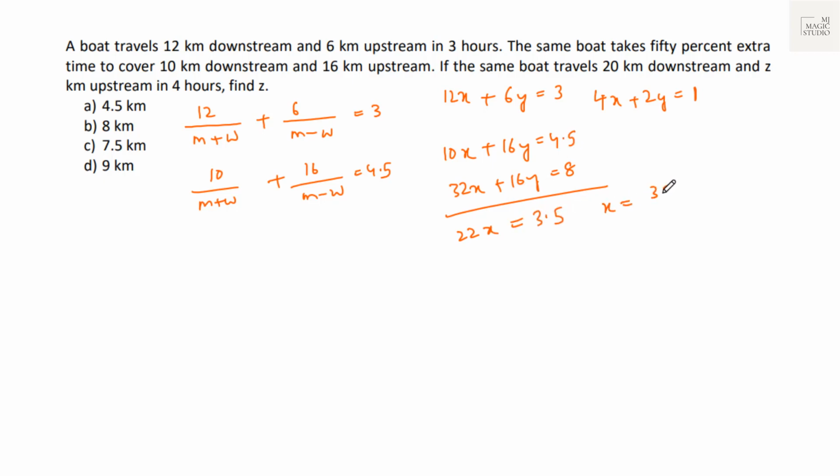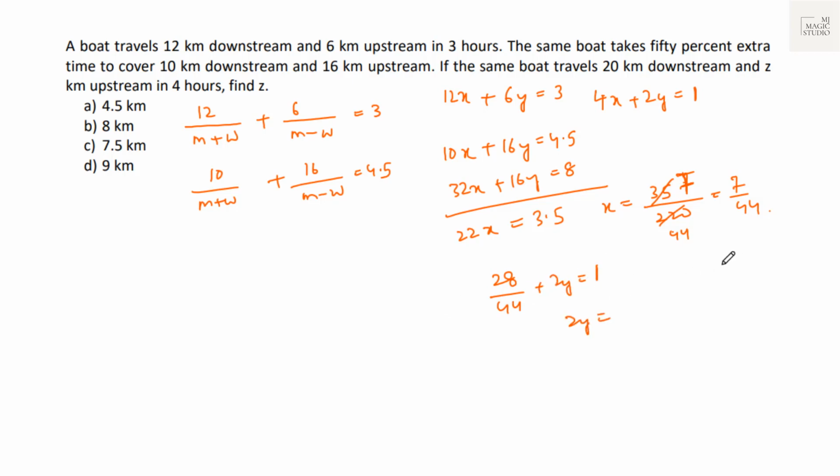So x is 35 by 220, which gives 7 by 44. Now just put this value of x in this equation. 28 by 44 plus 2y is 1.